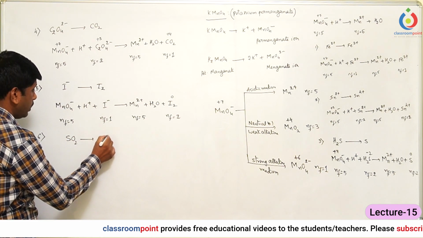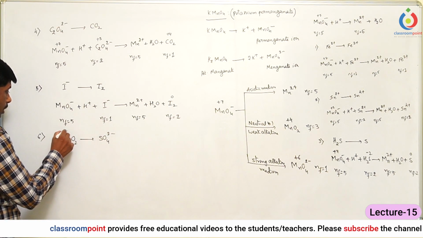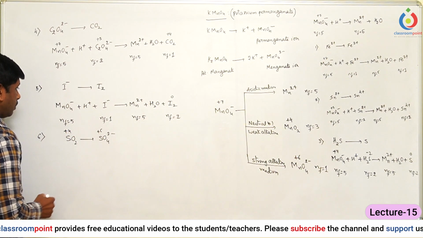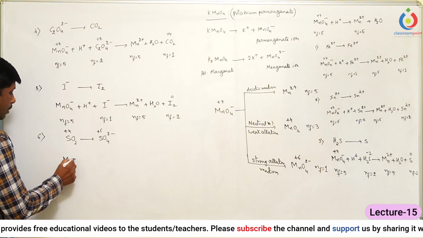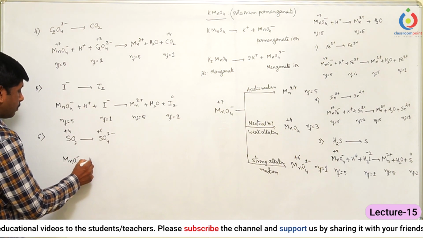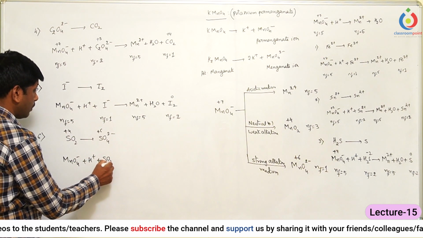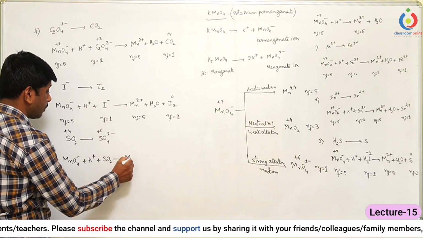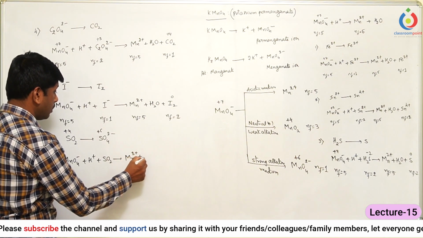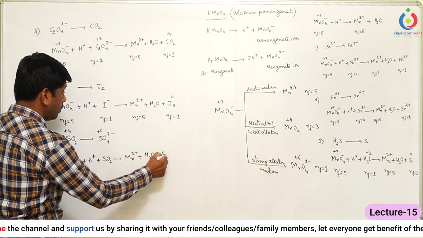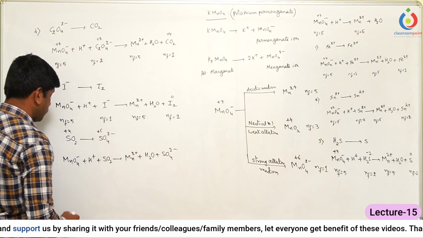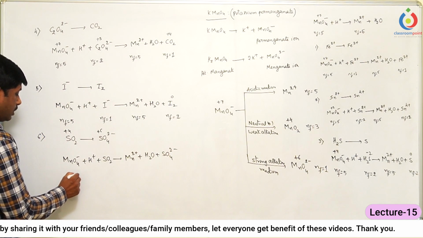SO2 gets oxidized to the SO4 2 minus, plus 4 oxidation state to plus 6 oxidation state. MnO4 minus H plus SO2 giving Mn2 plus H2O plus SO4 2 minus. So N factor of this one is equals to 5.